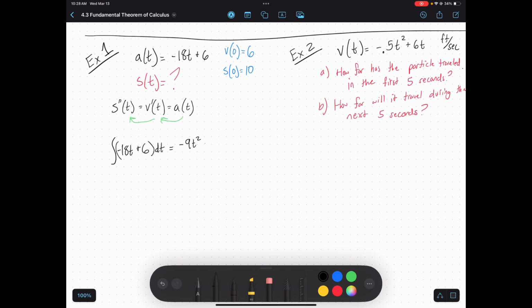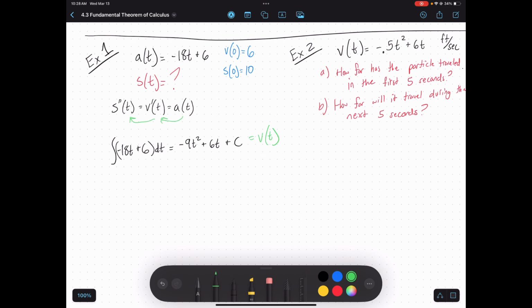So I get negative 9t squared plus 6t plus c. What does this equation represent? Since it's the antiderivative of acceleration, this is my velocity function. Everybody okay with that?